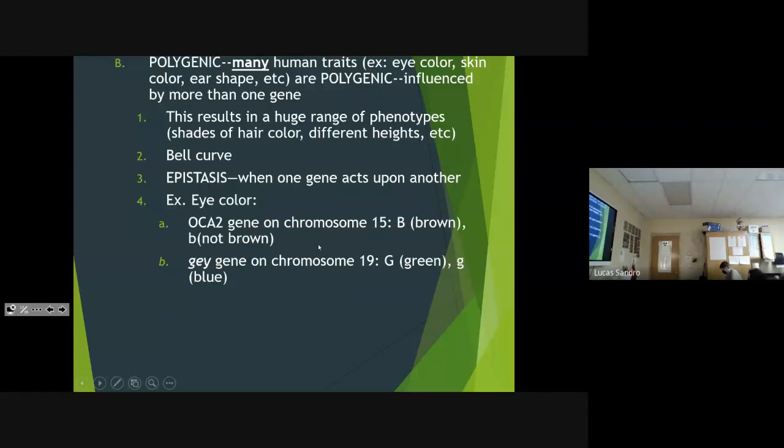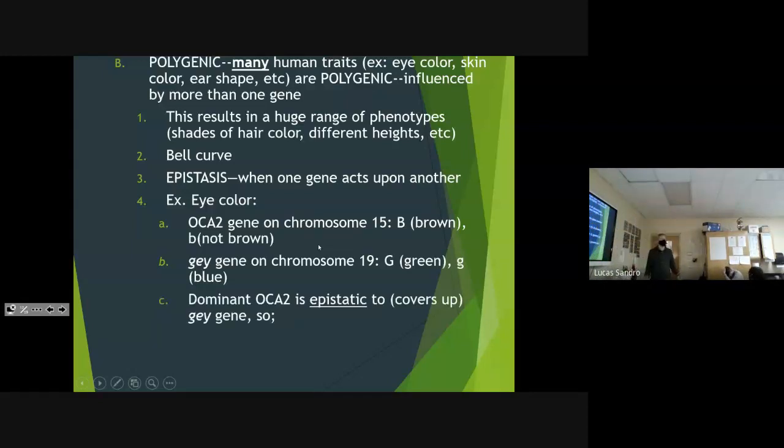This brown, the darker pigment, makes it so you can't see green or blue pigments. You see how this works? You have a genotype for both genes. But if you have even one big B for that first gene, the second gene is invisible to everyone. Can't see it.